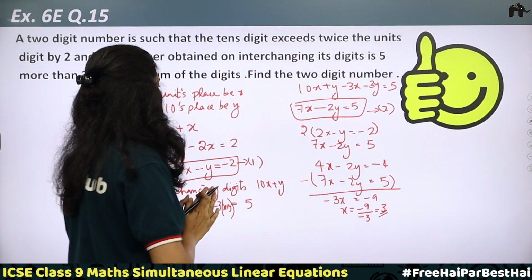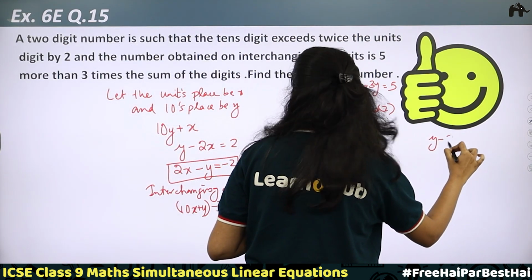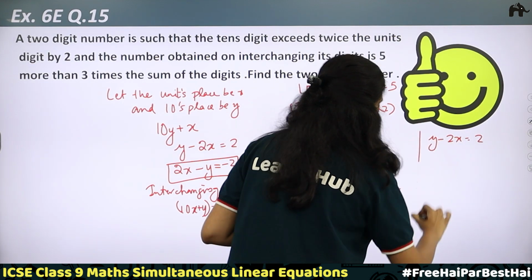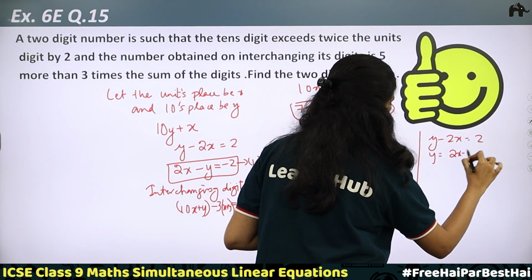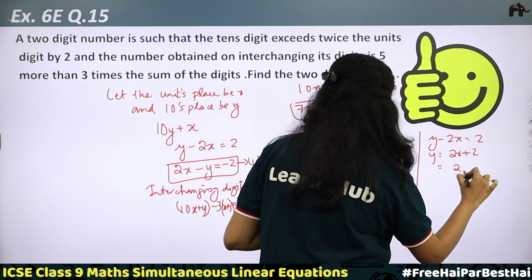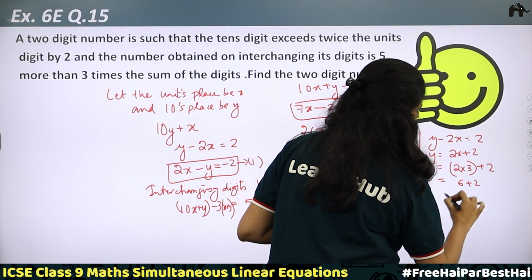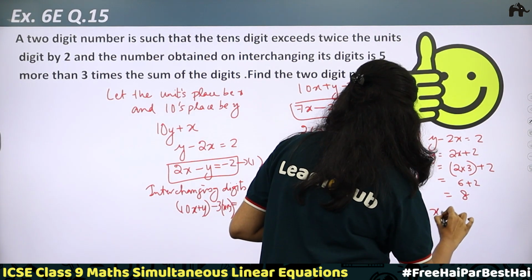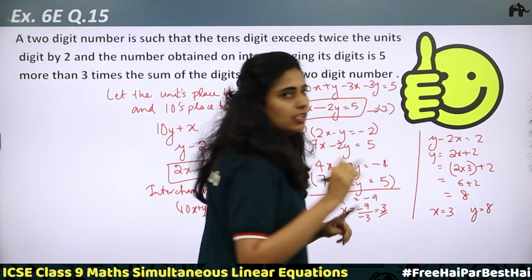Okay, so x is equal to 3. Now we have to find y. y minus 2x is equal to 2, which means y is equal to 2x plus 2, that is 2 into 3 plus 2, which is 6 plus 2 equal to 8. Therefore, x is equal to 3 and y is equal to 8. Okay, then what is the number?